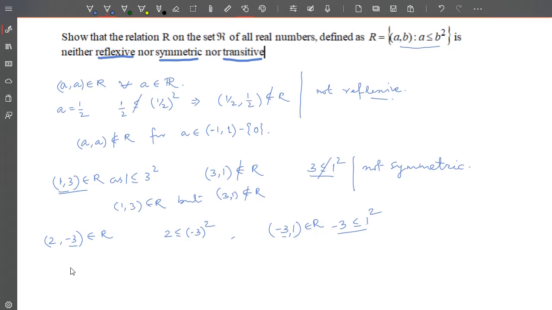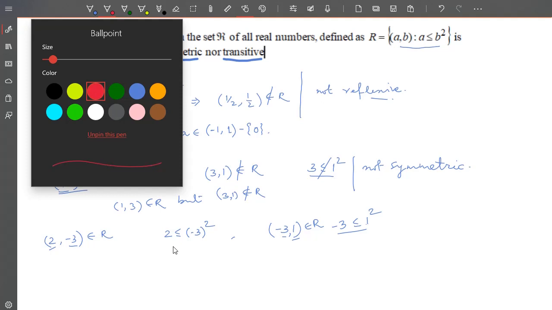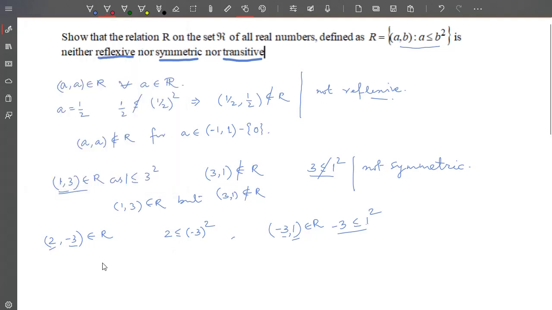Now we have to check whether (2, 1) are related or not. What do you think? 2 is less than or equal to 1 square. Is it true?